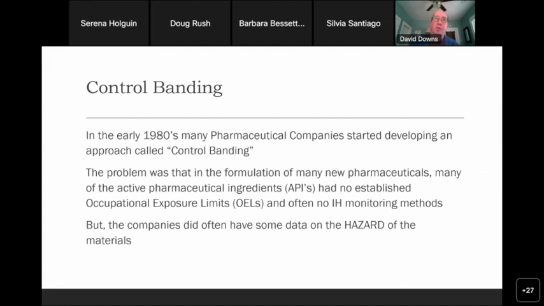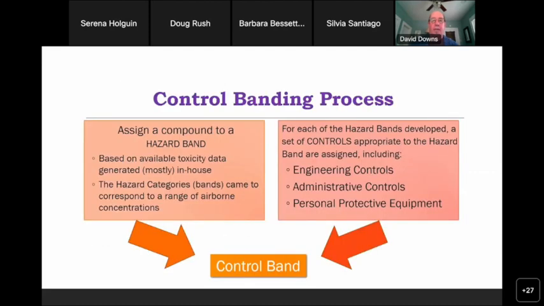Well, the effective dose can be an indicator of the toxicity as well. And so in some cases, they did have some information that they could use to help assess the materials that they were working with. Let's take a little bit closer look at that.